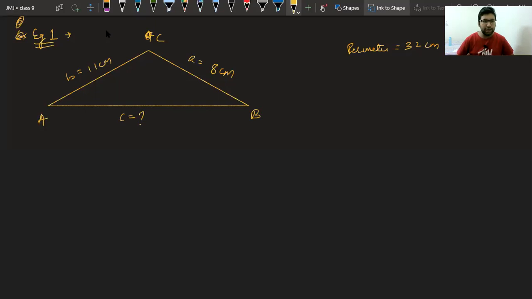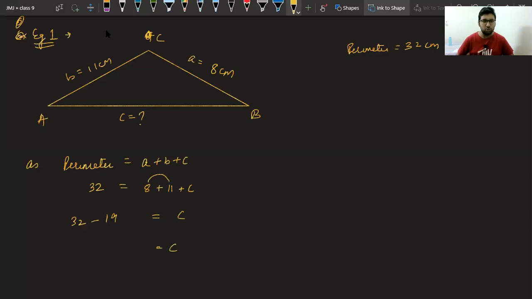Yes, so as perimeter is equal to A plus B plus C, we can say 32 is equal to 8 plus 11 plus C. C will be 32 minus 8 and 11, which is 19.